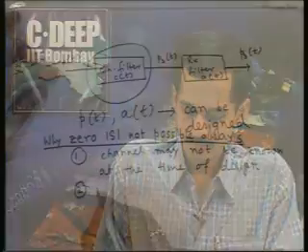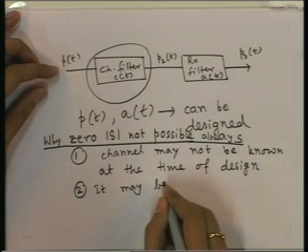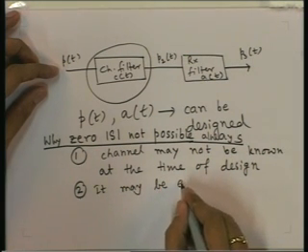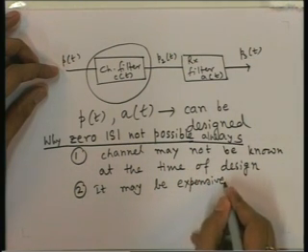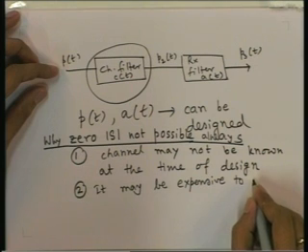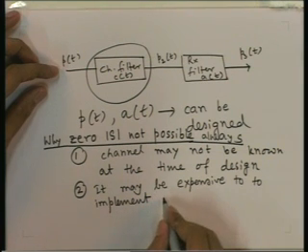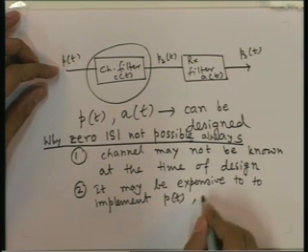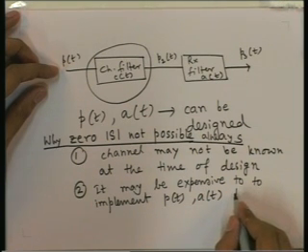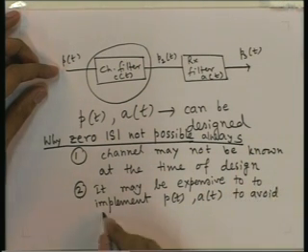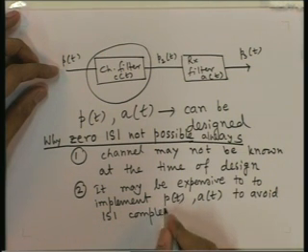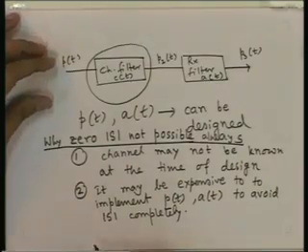So, we can design p(t) and a(t) which will avoid ISI completely, but it may be that the designed p(t) and a(t) are too difficult to implement.